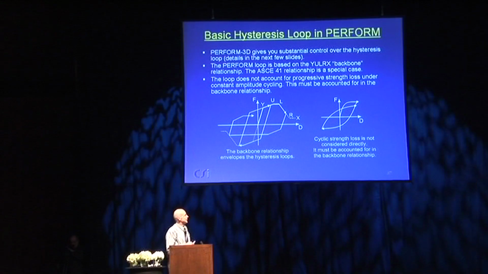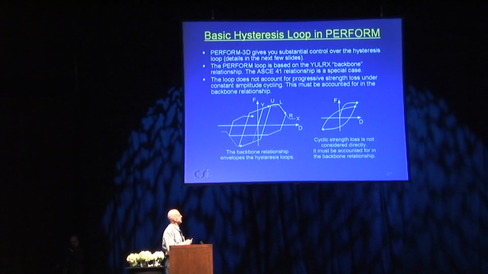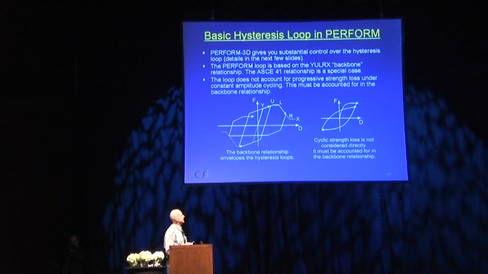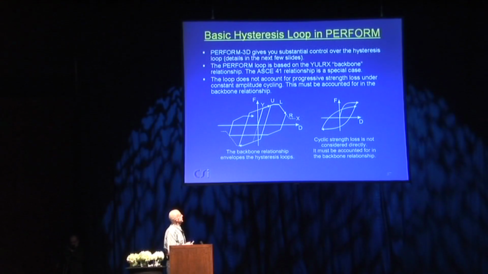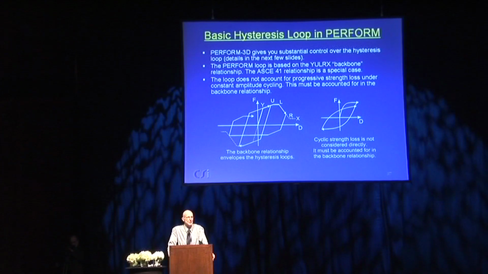Right now, the backbone curve that you have should represent a reasonable amount of cycling. And the backbone curves that are given in FEMA, in ASCE 41, do represent a certain amount of cycling. So the last point, the loop does not account for progressive strength loss under constant amplitude cycling. This must be accounted for in the backbone relationship, and this is rather important at the present time.